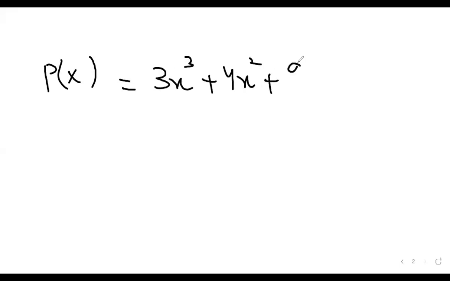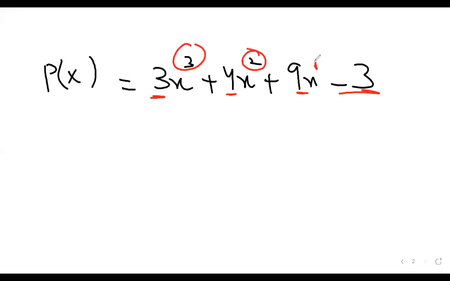For example, you need to identify which one is a polynomial, like 3x^3 + 4x^2 + 9x - 2. Yes, it's a polynomial. They all are numbers and the powers are positive. Here as well.